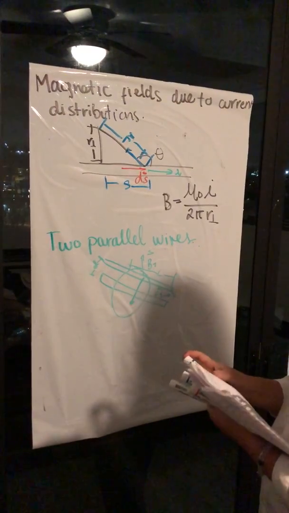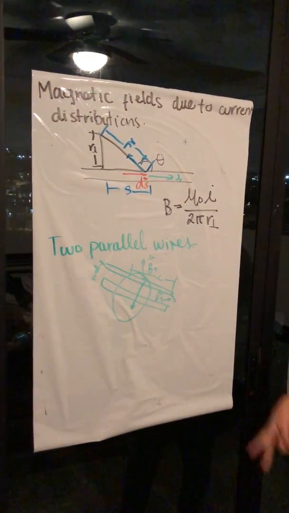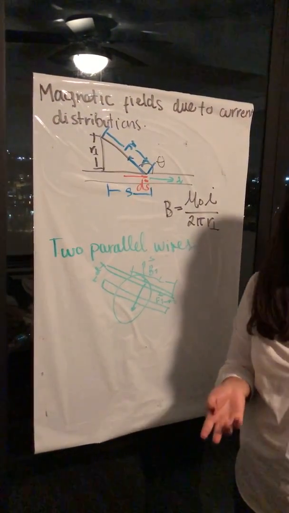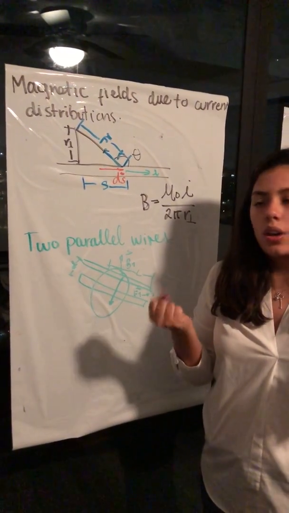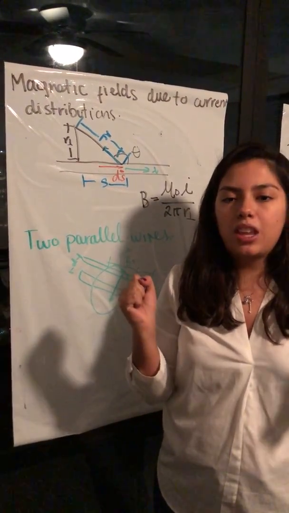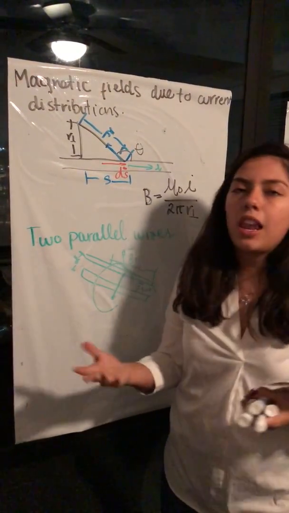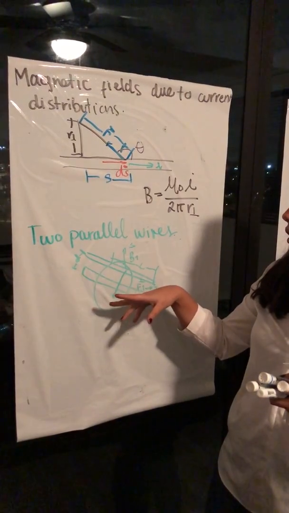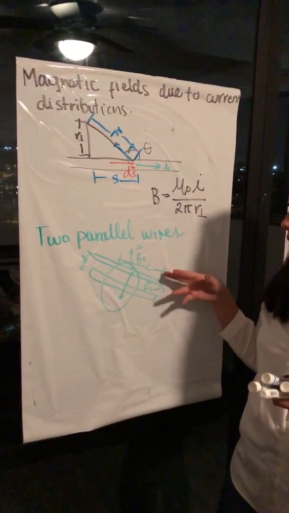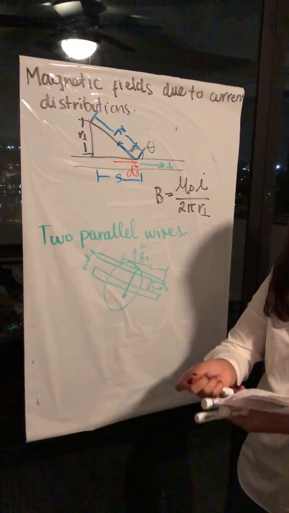Another important thing in magnetic fields due to current distributions is the interaction between two parallel wires. Two parallel wires with current flowing through them generate a magnetic force acting on them. So we're gonna analyze what is happening in the interaction of wire number 1 and number 2, but mostly what is happening in wire number 2.